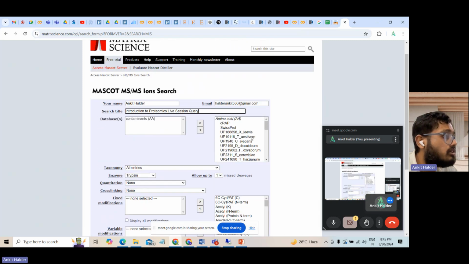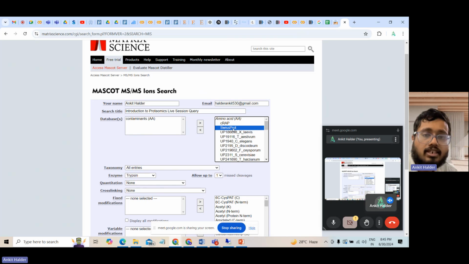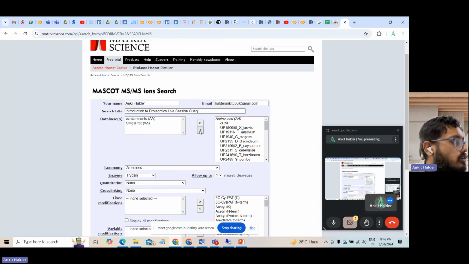But for the comprehensive list of all the proteins, we are going to use this, the amino acid database that we are adding.